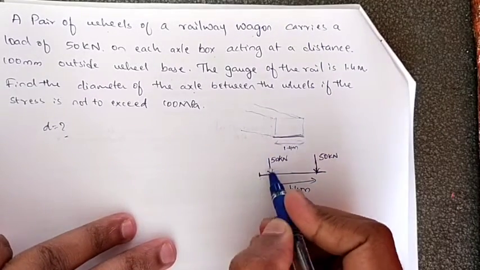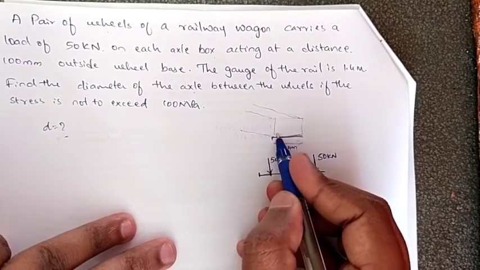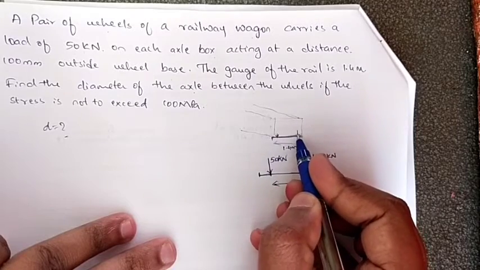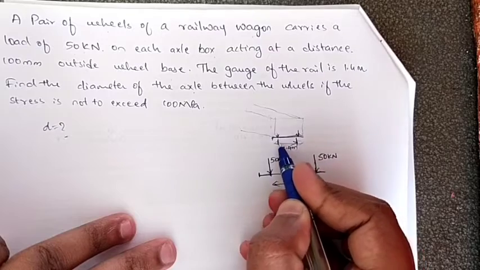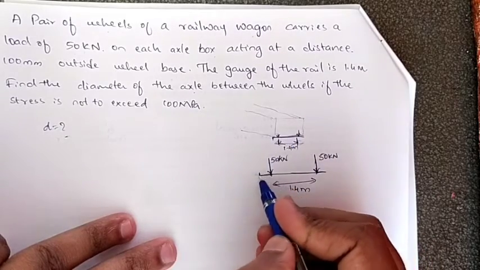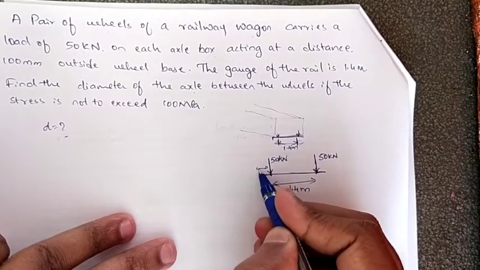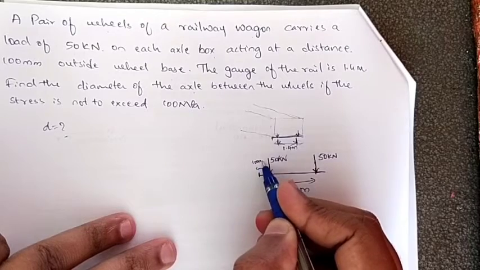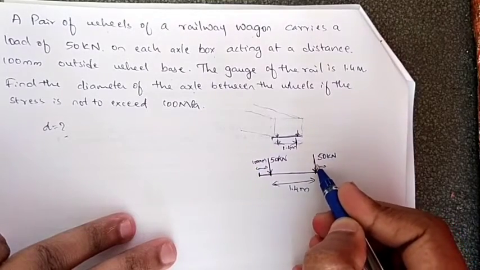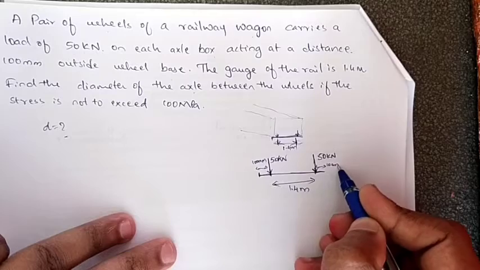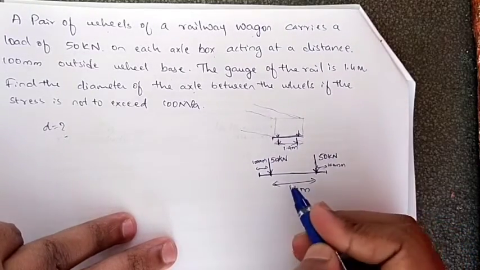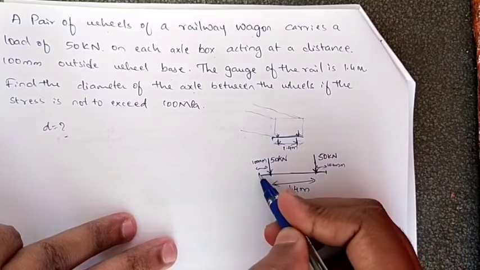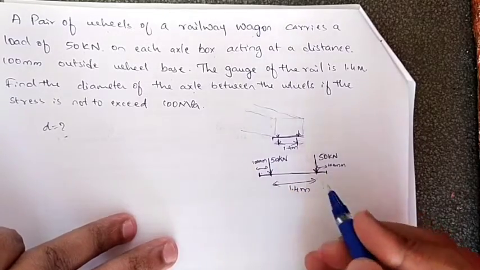The wheelbase is here, the wheel is here somewhere, and it is acting here. This is 1.4, and it is acting 100 mm from the base on this side and 100 mm from the base on this side.